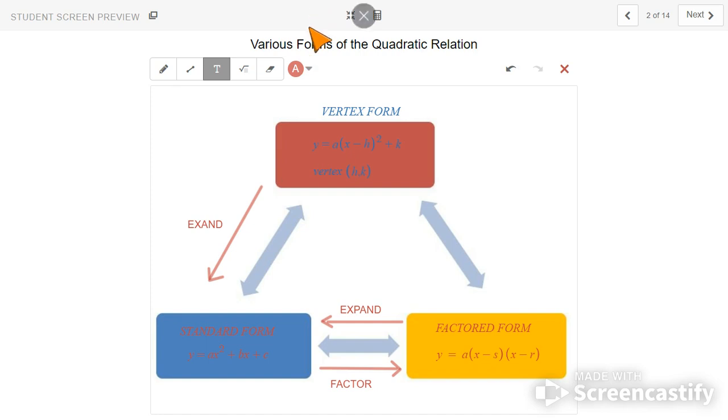One more thing I'd like to mention is that there's an a in our vertex form, an a in the standard form, and an a in the factored form. The a term is the same in all the equations, meaning that when you look at the a term, you're always going to be able to tell the opening direction and the stretch or compression.